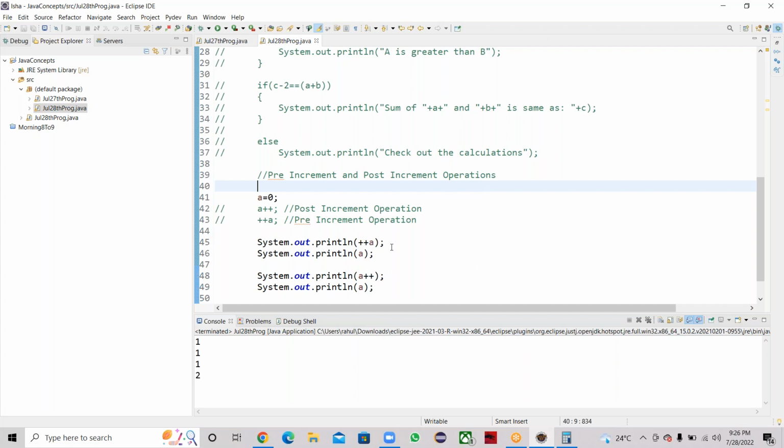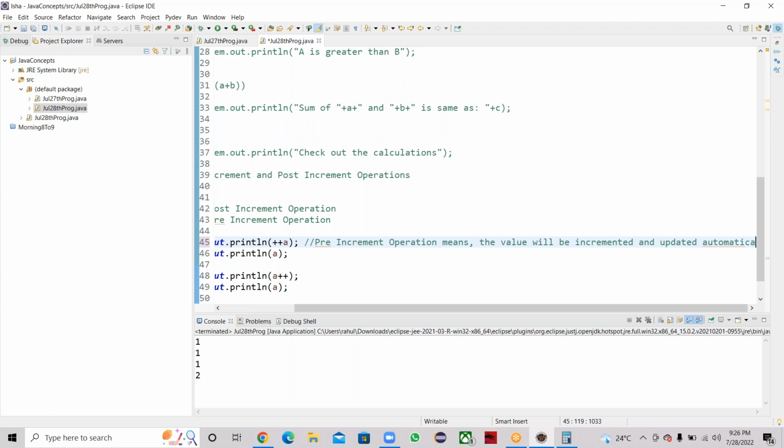Since you asked for a comment, I want the comment to be in your style. How do you want the comment to be? Pre-increment, I'll have to mention pre-increment, right? Pre-increment operation means the value will be incremented and updated automatically.